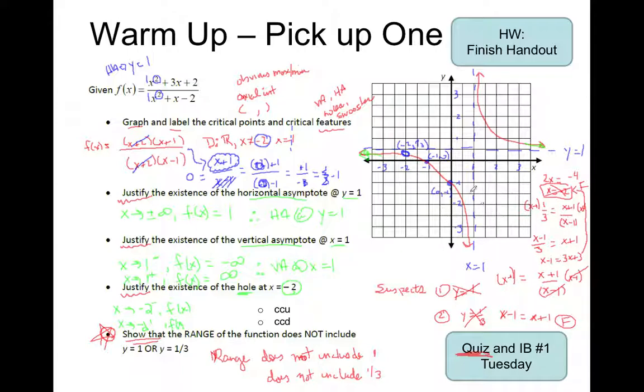Around 1 the range values were swooshing down and swooshing up. But what are the range values doing here at -2? They're not swooshing anywhere. They're approaching a height from the right and from the left. What value is the graph approaching?